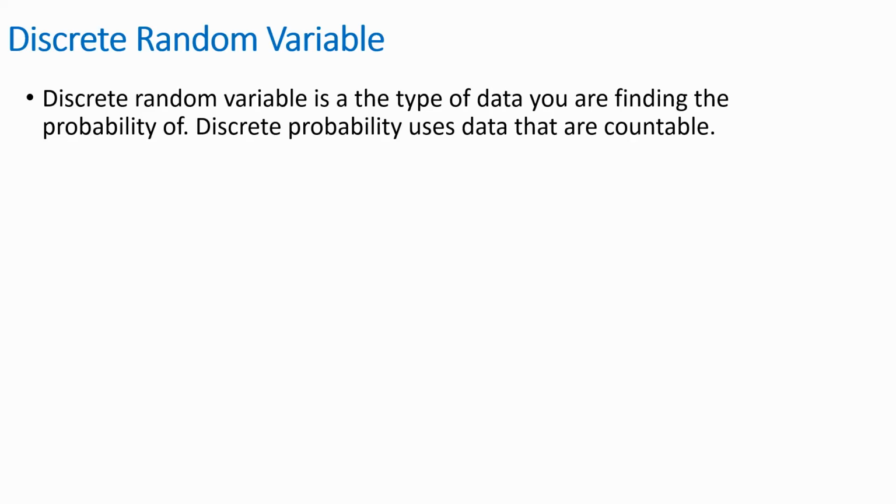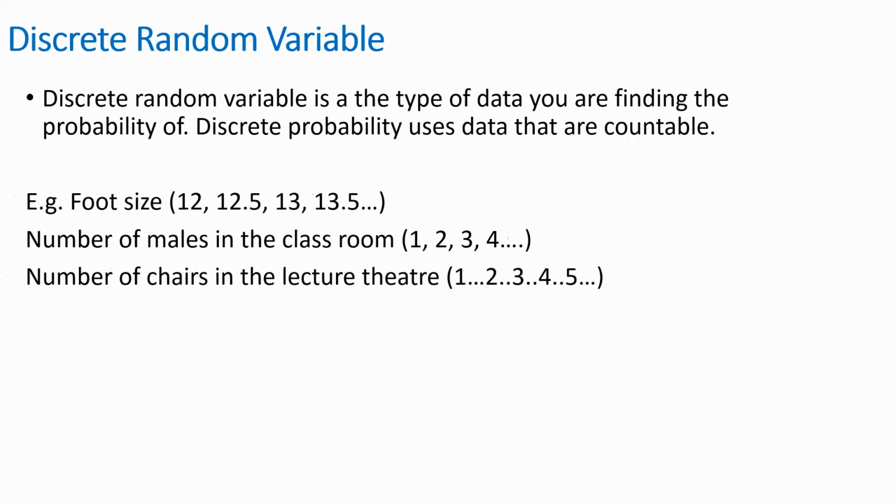Number of students in this classroom. If I had to count you, it will be 1, 2, 3, 4. It's countable. If I had to talk about shoe sizes, you got your 12, 12 and a half, 13, 13 and a half, but you never go into a store and say, I want 2.78 for my shoe size. Okay, it doesn't exist, so it's countable.